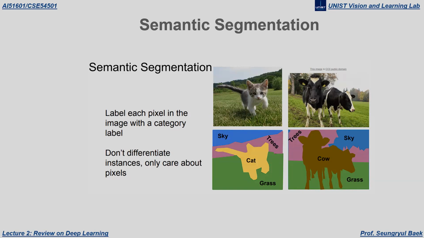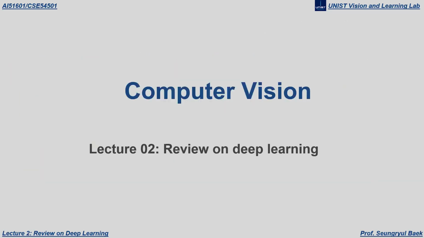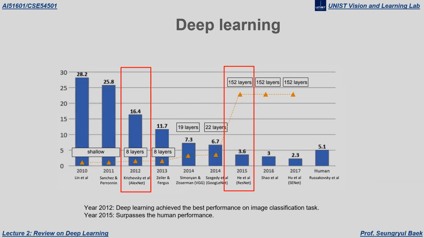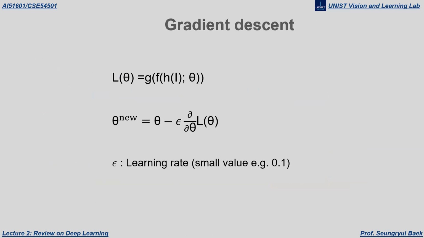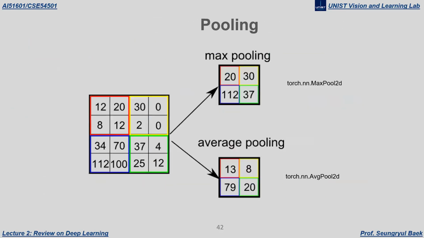But in the image classification domain, as you saw in the previous slide's graph, in the year 2015 it achieved even better performance than humans. But how to extend this towards object detection or semantic segmentation tasks, which are more complicated than image classification, is not that simple.